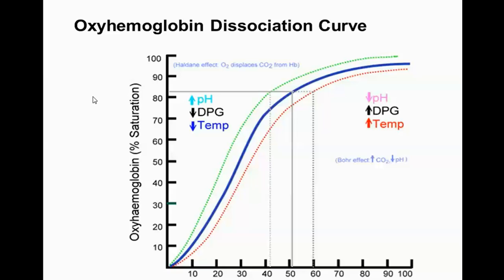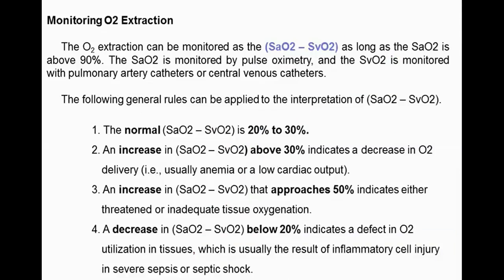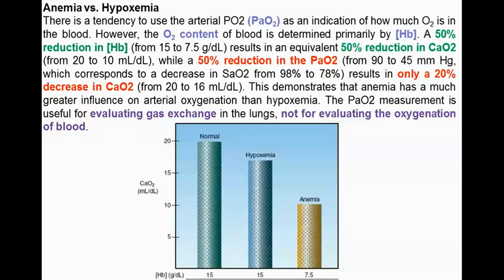Above 60 is safe. With the blue curve here, which is the normal, when PO2 is 60, saturation becomes about 90. When PO2 is 90, saturation is about 100.